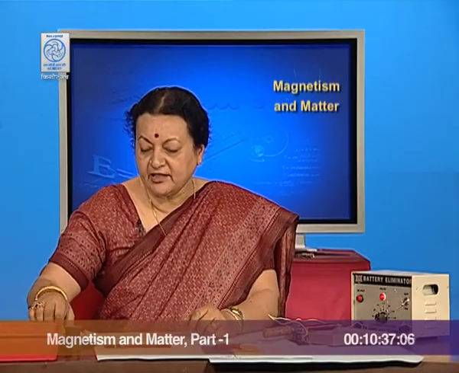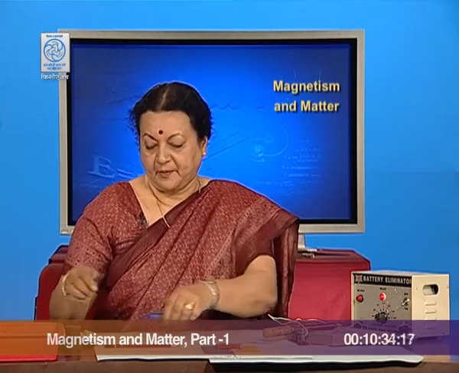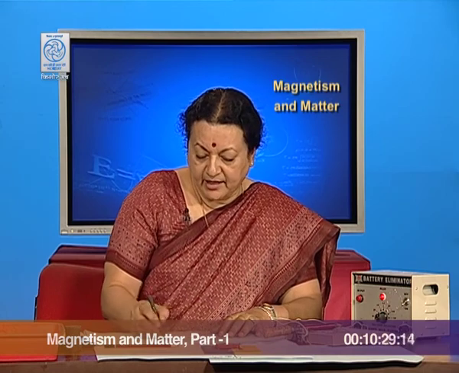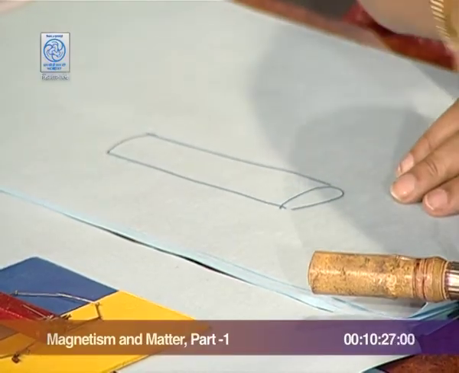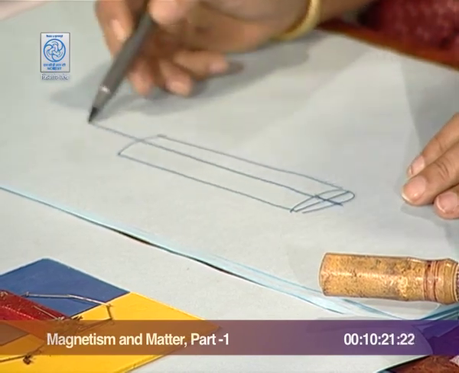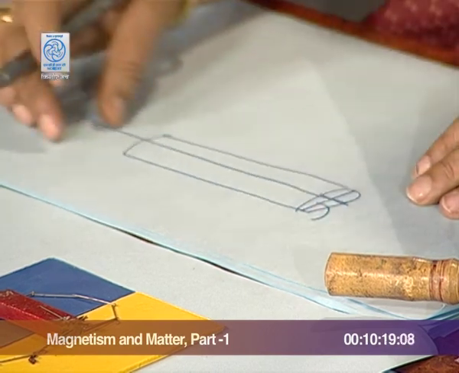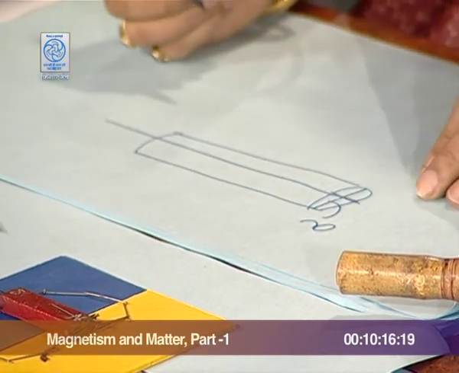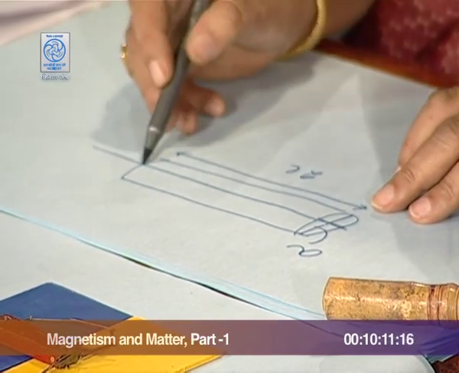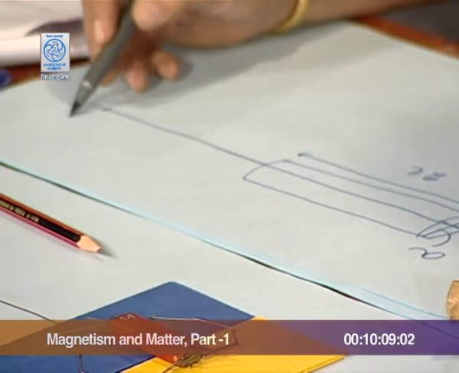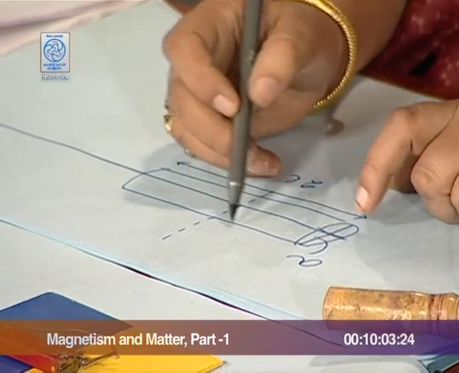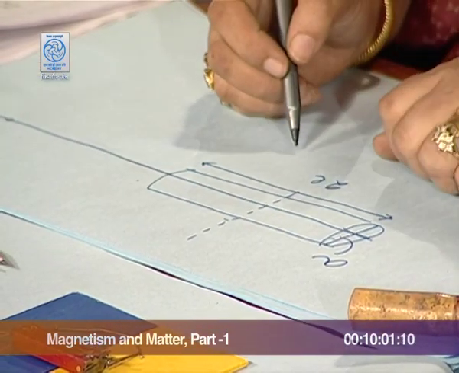Now, let us see. In order to calculate, let us make a picture of this solenoid. Say I represent it by this cylinder. Say the area of cross section is given in terms of the radius of this solenoid. It is a uniform radius solenoid. Say A is its radius. Say the length of the solenoid is 2L, and along here I want to find the field at this point P. This is its center, so L from the center here and likewise.